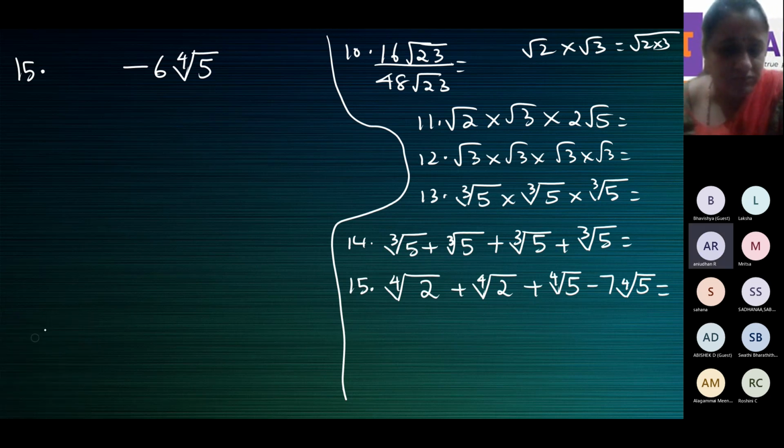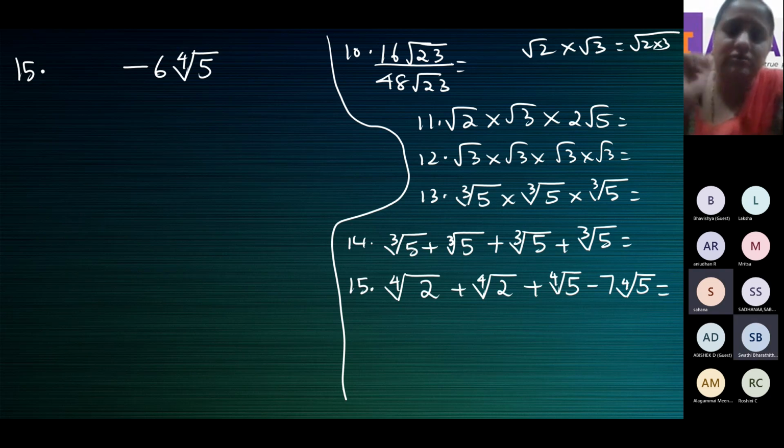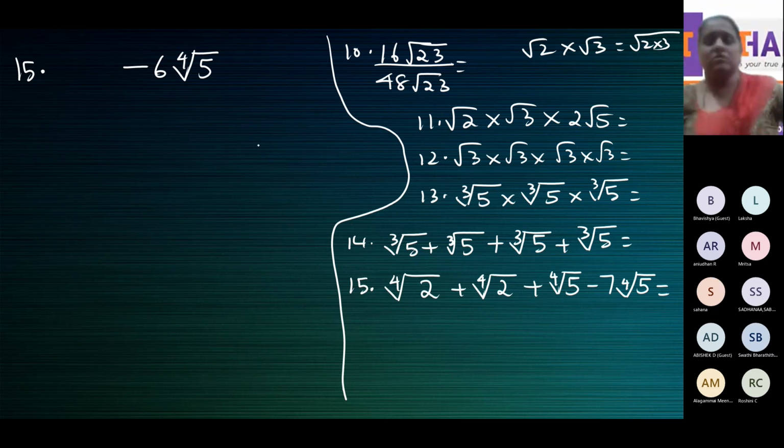4 square 4 roots 2 plus 4 root 2. Only 2 fourth root of 2, everything.